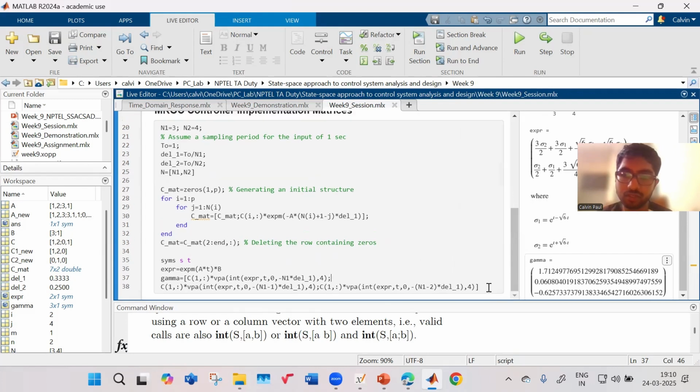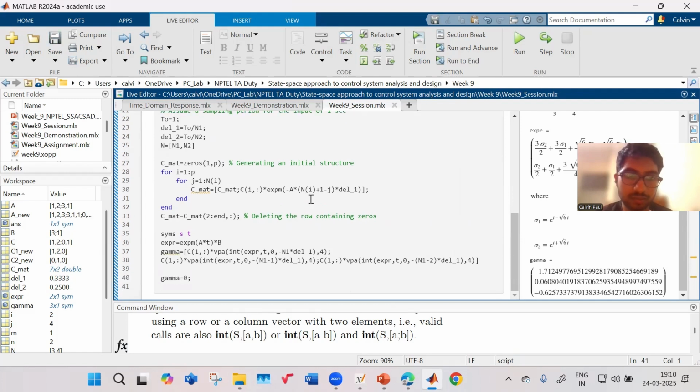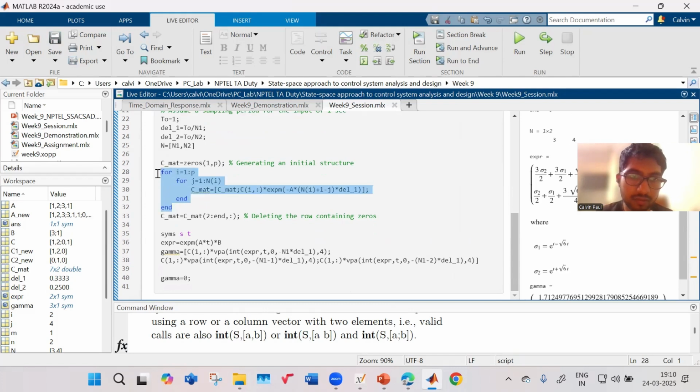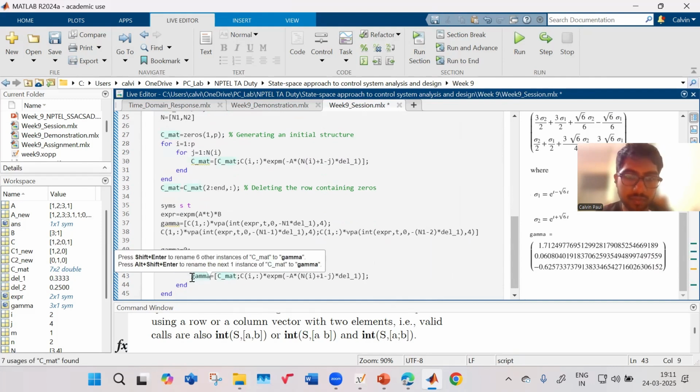We'll put the iterative solution for this. After gamma, we will find the quantity n from gamma is equal to gamma.